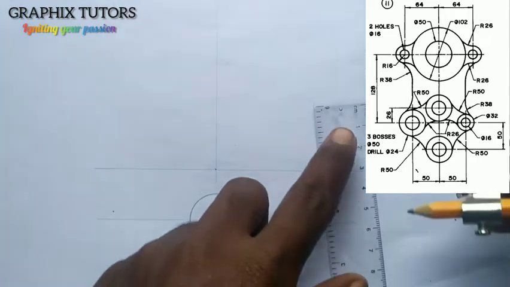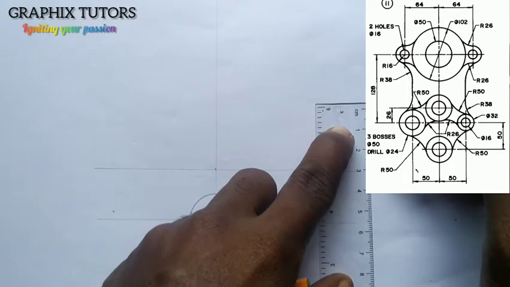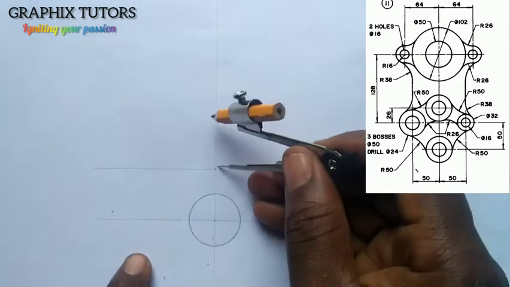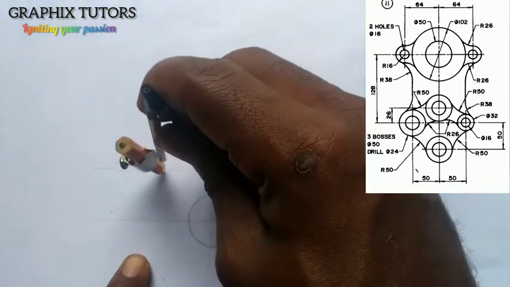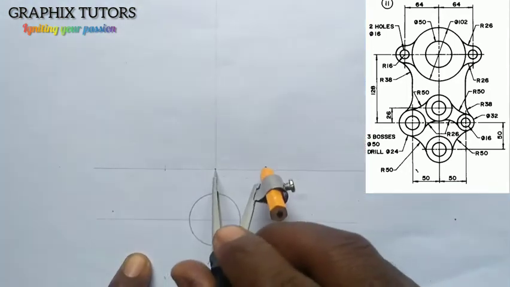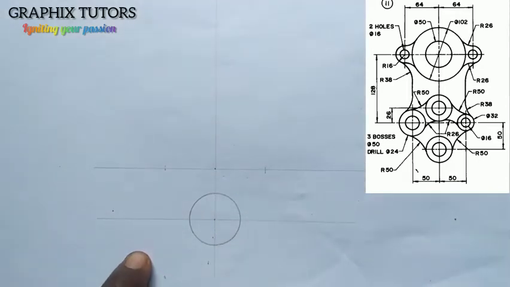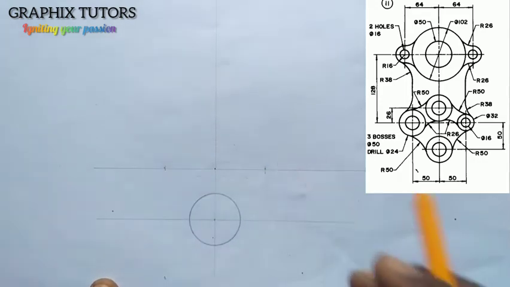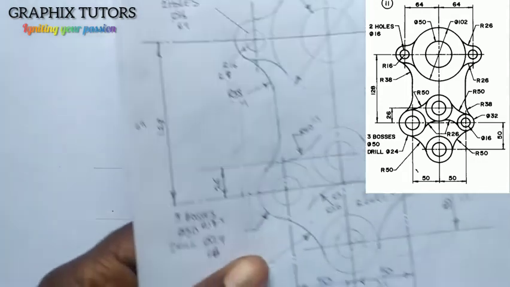So I can move from 0 to 25 here. You can see that, right? And I'm going to come at this point here. I'm going to mark 25 and 25. Is that taken? So at that point is another center. This center you see here and this center you see here is this center and this center.